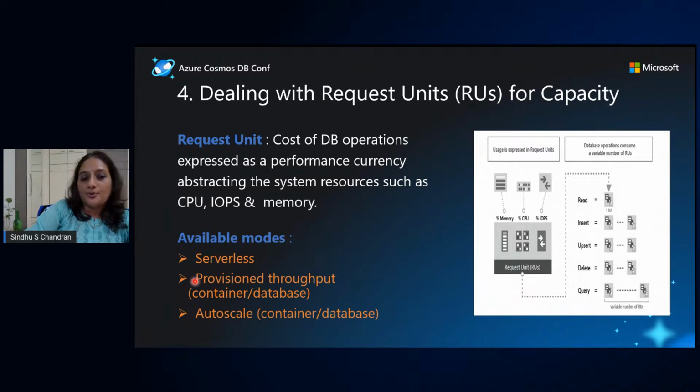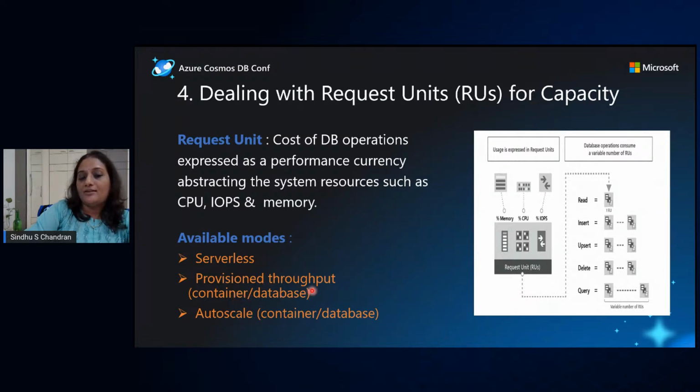The next option is the provision throughput or manually managing your RUs. This can be done at the container or key space level or at the database or the table level. So when you do it at the key space level, it works for smaller tables, and there is a limitation of 25 tables, and you might not have visibility into hot tables which are causing hot partitions when you do that.